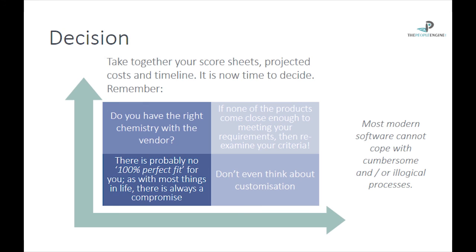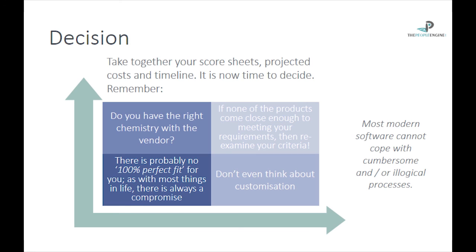We know there's no such thing as 100% perfect fit, but how much are we prepared to compromise? If nothing actually, and this can happen, so be very aware. If nothing comes close to meeting what you think your requirements are, then you need to re-examine your criteria. It may be you're asking for something which actually can't be done.